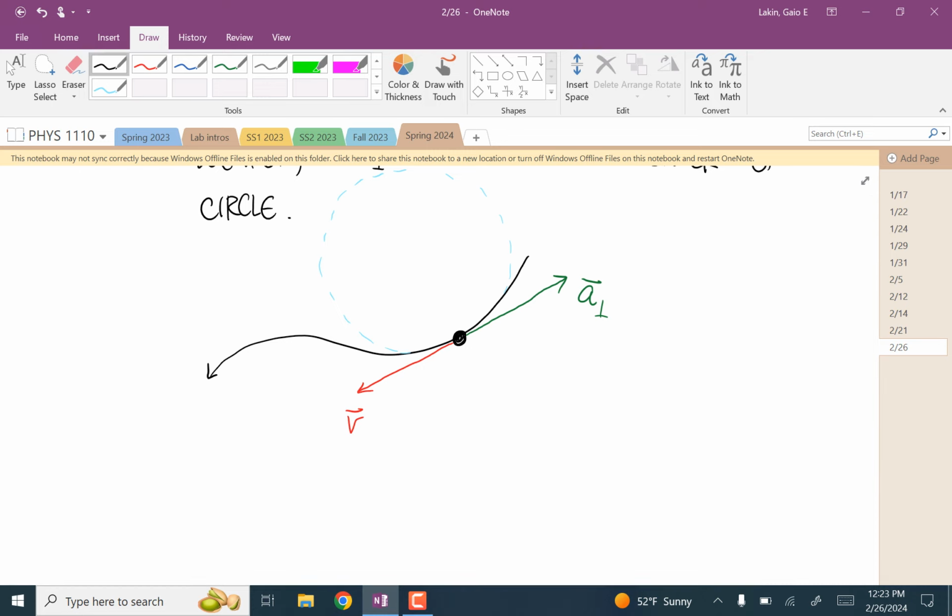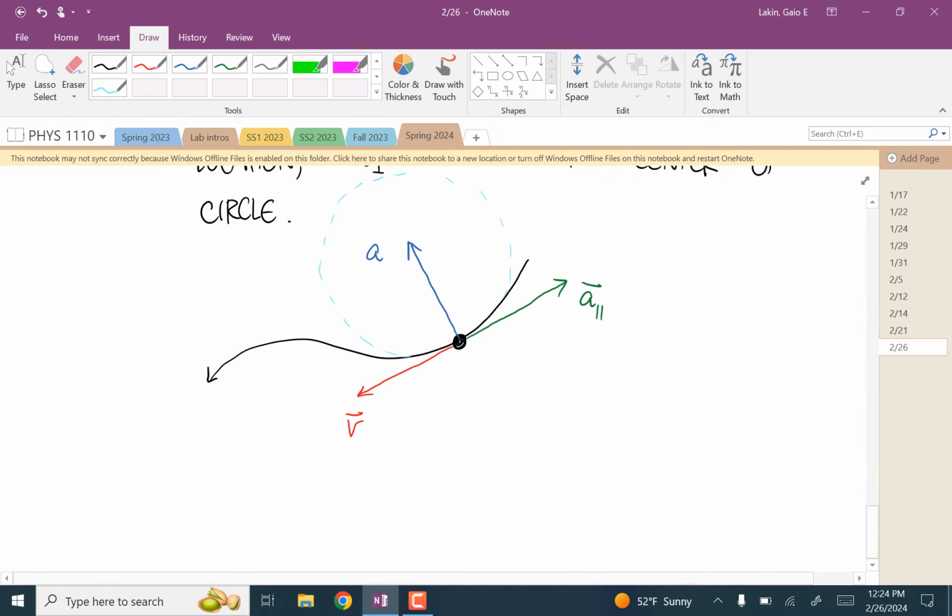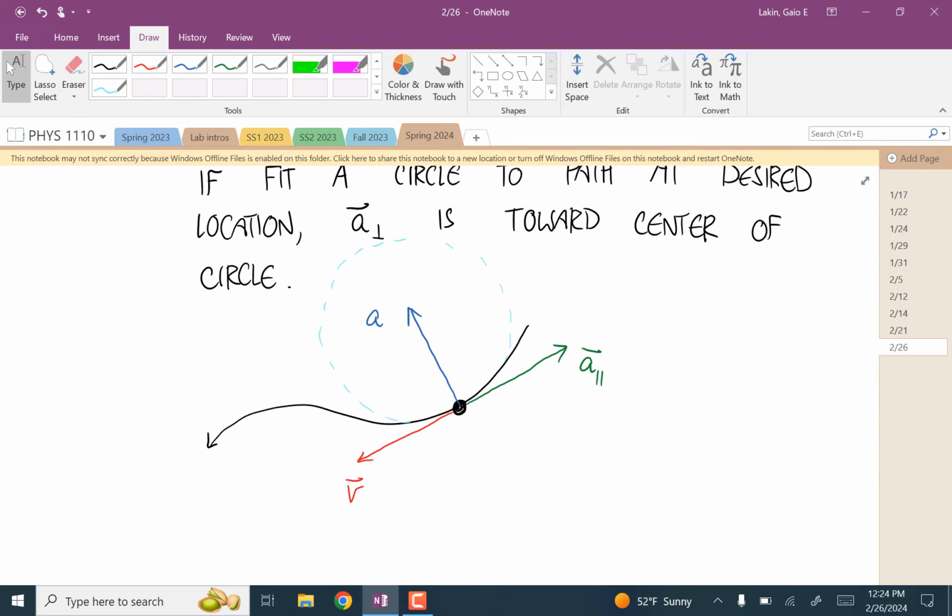And so that means that A perpendicular always goes toward the center of that circle. So it would be like this. I'm sorry, I called this A perpendicular, but this should be A parallel. So this is A perpendicular this way.